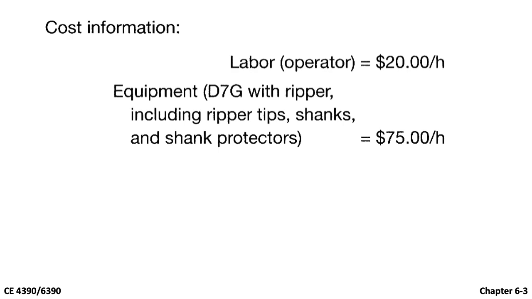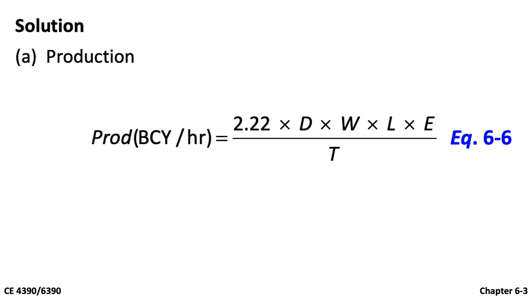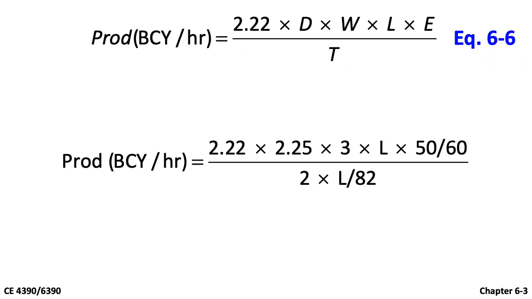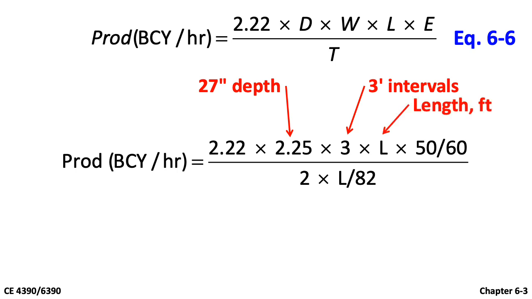For production, you use equation 66, as shown here. From the problem, the depth is 27 inches, or 2.25 feet. The width of each ripped area is equal to the interval, 3 feet. The length of each pass is L. It is not given, so just keep L there.